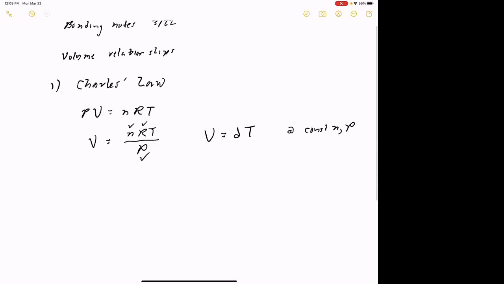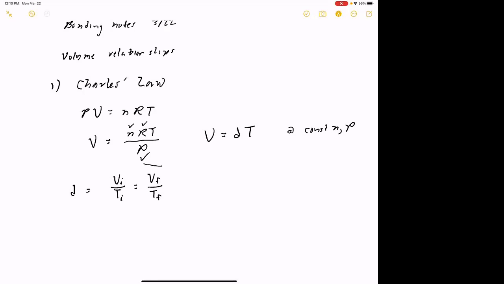All right, so now how did we do it from there? Well, I wanted to get an initial final relationship so I can compare a set of initial conditions to final conditions. So I solved for the constant. So D is equal to V divided by T. And what that meant is that for any set of initial and final parameters that I've got in terms of V and T, they have to ratio out to D. So in other words, I can say that V initial over T initial has to equal V final over T final.